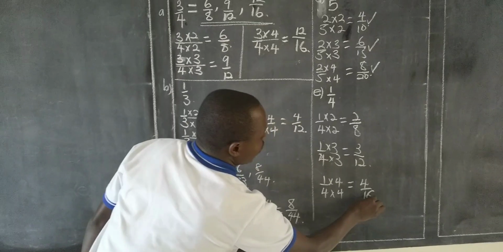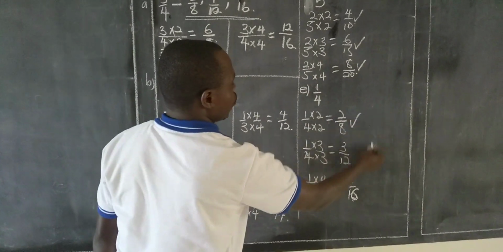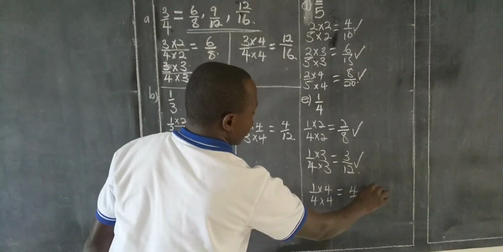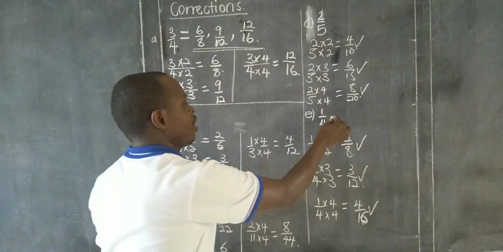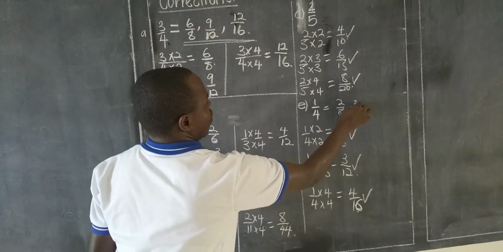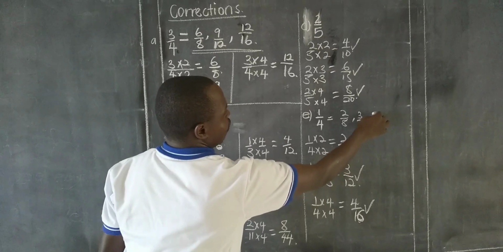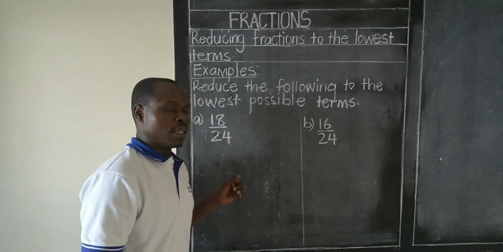So the next equivalent fractions of 1 out of 4 will be 2 out of 8, 3 out of 12, and 4 out of 16. Don't forget that you should list them here.